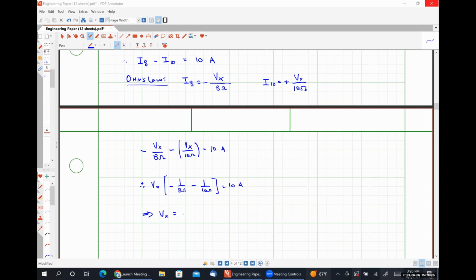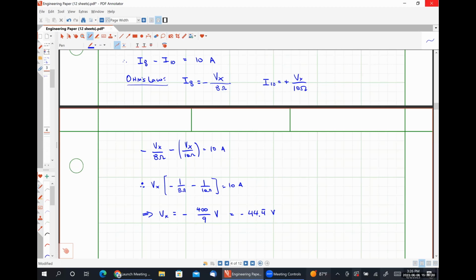I get -400/9 volts, or for those of you that like decimals, -44.4 repeating volts.